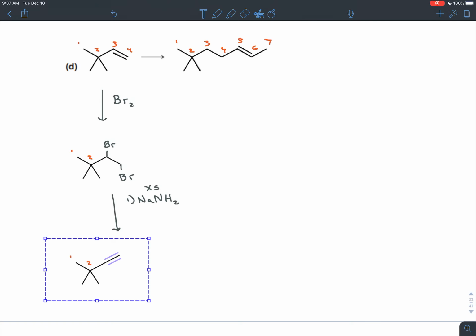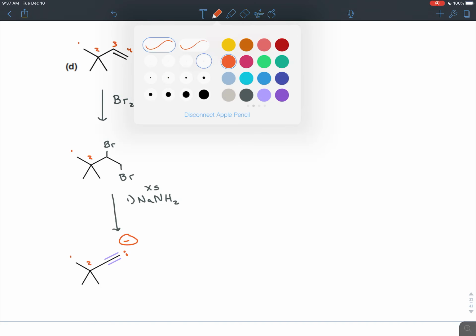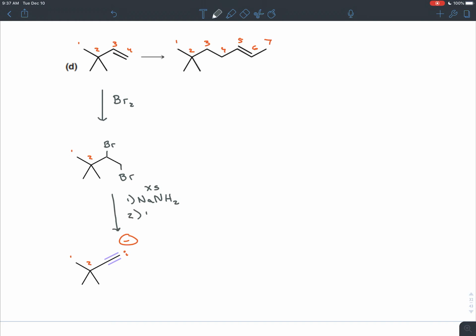So that's what we would have, but then the sodium amide, there's a hydrogen here, the sodium amide would steal that and the electrons would snap back onto the carbon, and that would be an unstable carbon nucleophile. So we do a water wash, and the negative charge here steals one of the slightly positive hydrogens from water. You do a proton transfer, and that stabilizes it. So it puts a hydrogen back there.